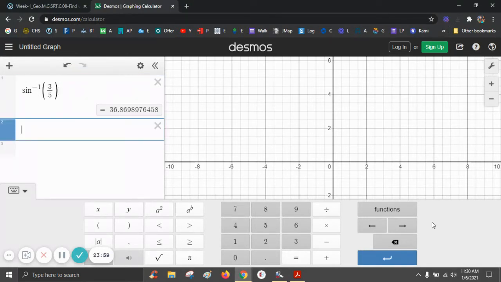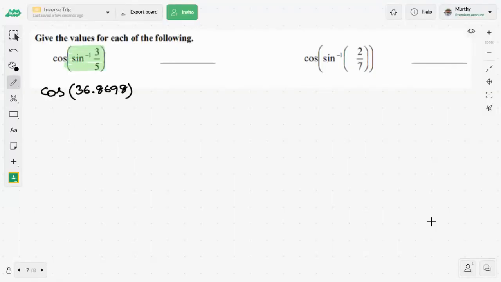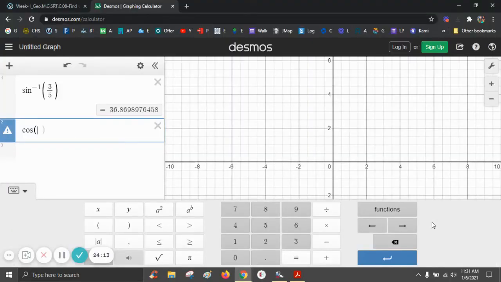The next one is cos, parenthesis. Please notice, don't get confused: here there is no inverse. For cos there is no inverse sign. So I'm typing whatever is there, cos 36.8698.